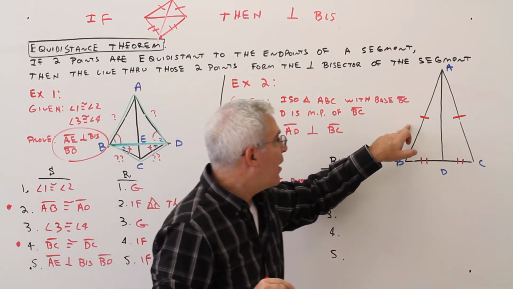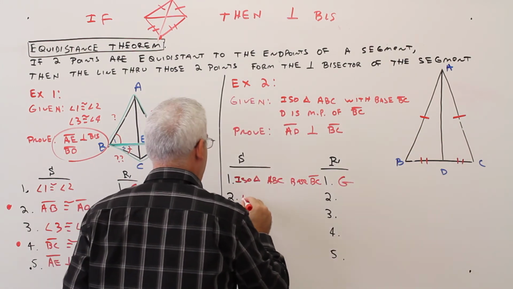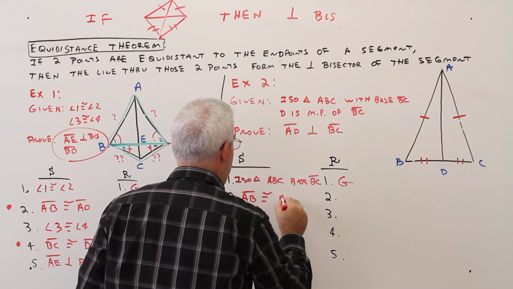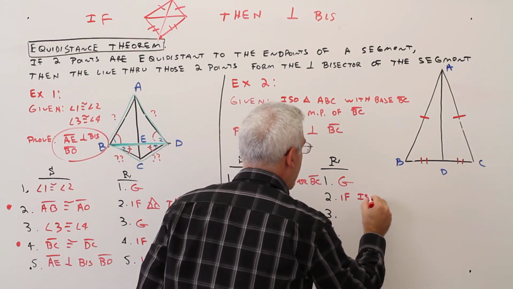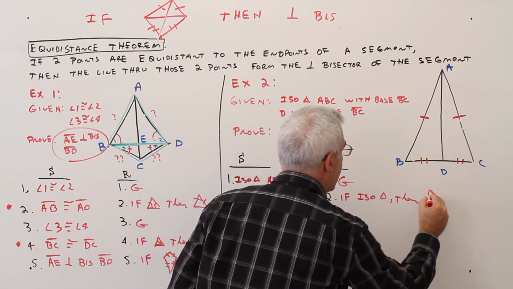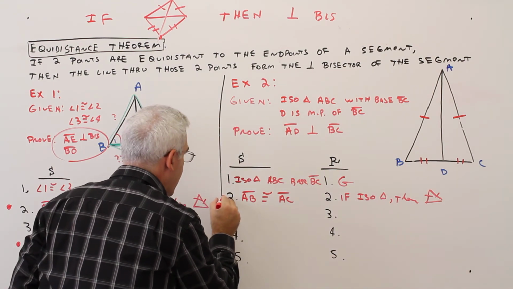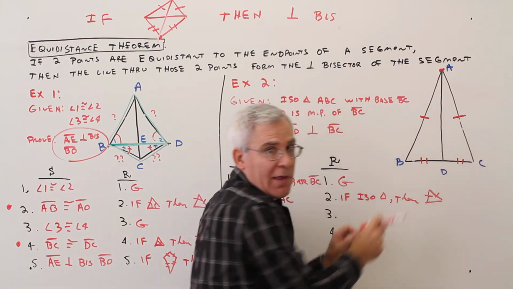From that, I'm going to go to those sides. I don't care about angles, I care about those sides. So I'm going to say AB is congruent to AC, if isosceles triangle, then basically I've got two congruent sides. So note, point A is equidistant to those endpoints.